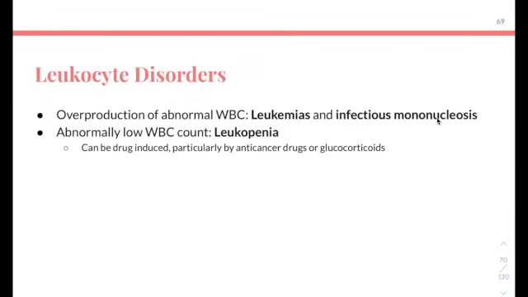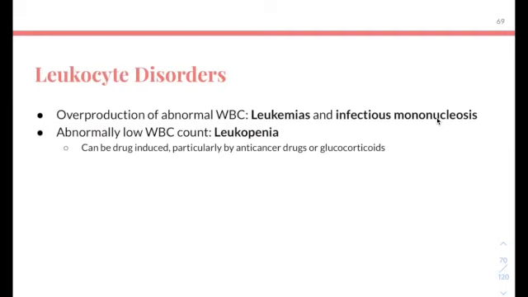So there's different leukocyte disorders as well. We can have overproduction of white blood cells or abnormally low white blood cell counts. If we have too many white blood cells, it's known as leukemias and infectious mononucleosis. Or we can have abnormally low white blood cell counts, which is leukopenia.